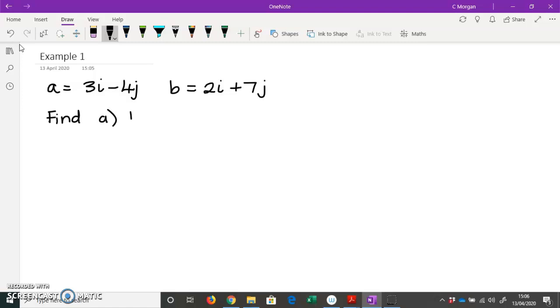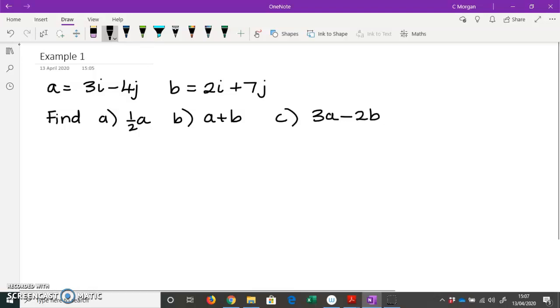A, can you find a half of a? B, can you find out what a plus b is? And C, can you work out what 3a subtract 2b is? You can write your answers in either column vector notation or component notation. You may pause the video while you do it, and I'm going to do the answers now below.